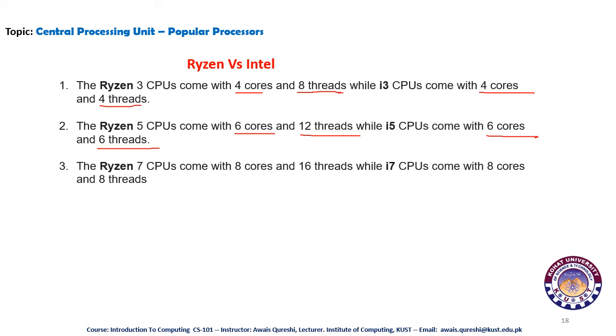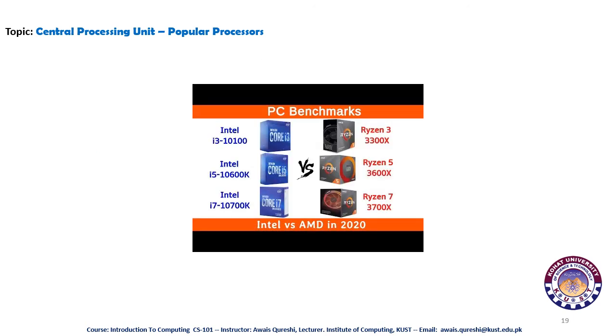So you can see that in multi-threading environments, Ryzen has very good performance as compared to Intel. So these are the benchmarks. As I told you before, Intel Core i3, Core i5, Core i7, and similarly Ryzen 3, Ryzen 5, and Ryzen 7, these are the generation names of the AMD and Intel processors.